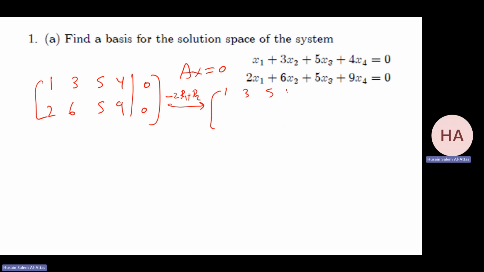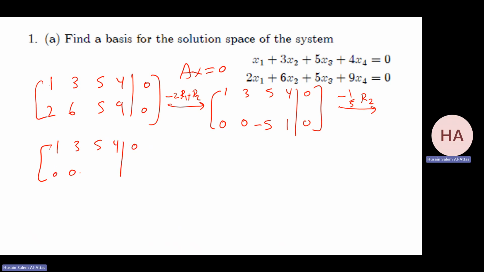I have 1, 3, 5, 4, and the second row becomes 0, 0, minus 5, 1, 0. I can divide by minus 1 over 5 in terms of R2 to have 1, 3, 5, 4, 0, and 0, 0, 1, minus 1 over 5, 0. Okay, it's fractions.